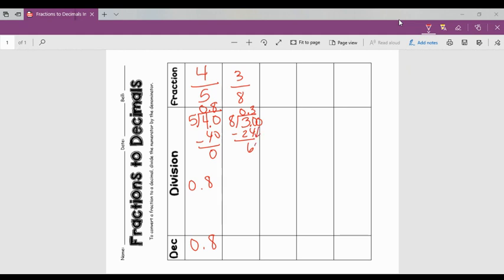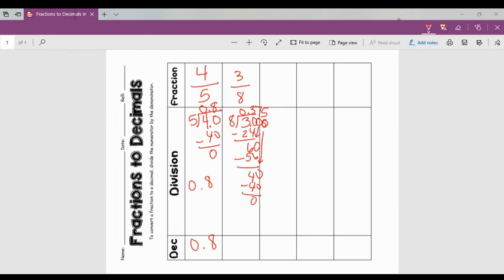I'm going to bring down that 0, and now 8 can go into 60 7 times because 8 times 7 is 56. When I subtract 60 minus 56, I end up with 4. I'm going to go one more time just to see what happens, because if I add a 0 and bring that down, I know that 8 can go into 40 5 times, and 8 times 5 is 40. 40 minus 40 gives us 0.